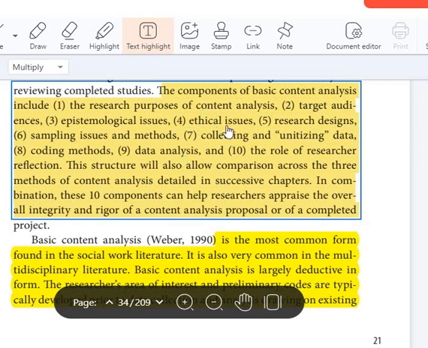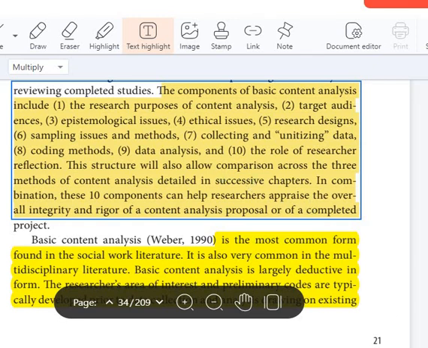Then we will talk about the ethical issues, if we have to take the approval of participants before starting the research process. Then we will talk about the research designs, the sampling issues and methods, collecting and unitizing data, and coding methods, and data analysis, and the role of researcher reflection.